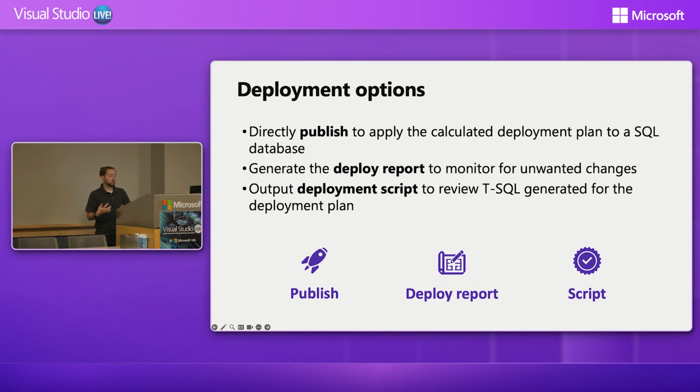For people that are well-versed in reading T-SQL, this is really helpful to them, because they'll scan through it and be like, well, maybe I could do this differently, or based on what I know about our environment, I want to do this differently. A lot of times it's just a check mark that, nope, SqlPackage is not trying to do anything crazy. But you have multiple options. These are different actions within SqlPackage. So there is publish, there is script, and there is deploy report. We will demo them in just a second.